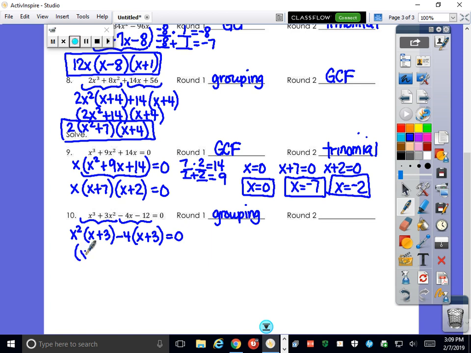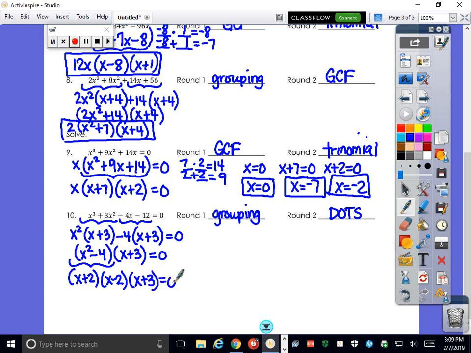So we're going to have x squared minus 4 times x plus 3 equals 0. So now round 2 is going to be this right here, the x squared minus 4. That's the difference of 2 squares. So this becomes x plus 2 times x minus 2, and then we have the x plus 3.